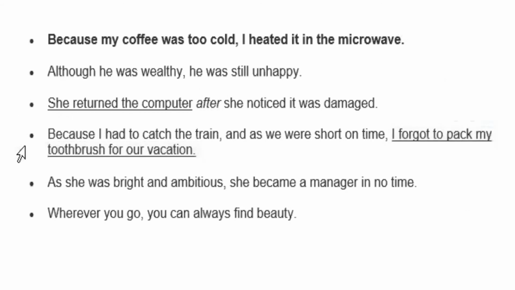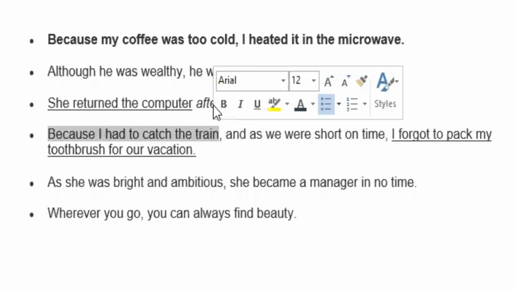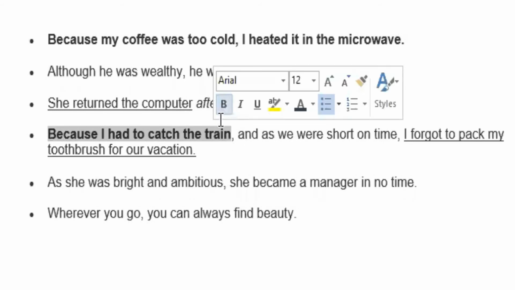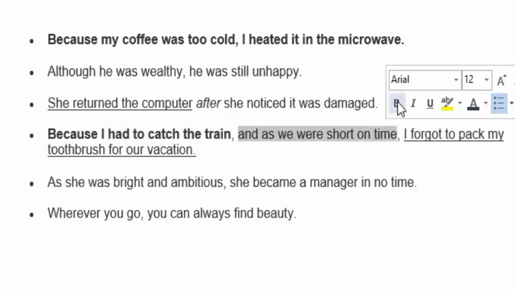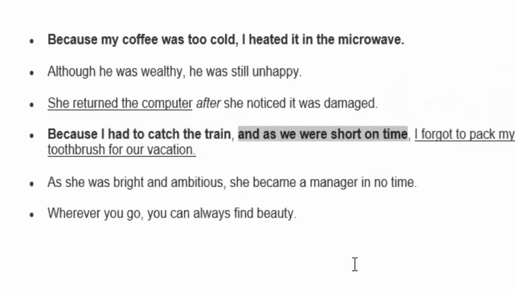Now, what do we notice with this sentence? Miss, it has because I had to catch a train as a dependent clause, and then it has another dependent clause, and as we were short on time. Very good.